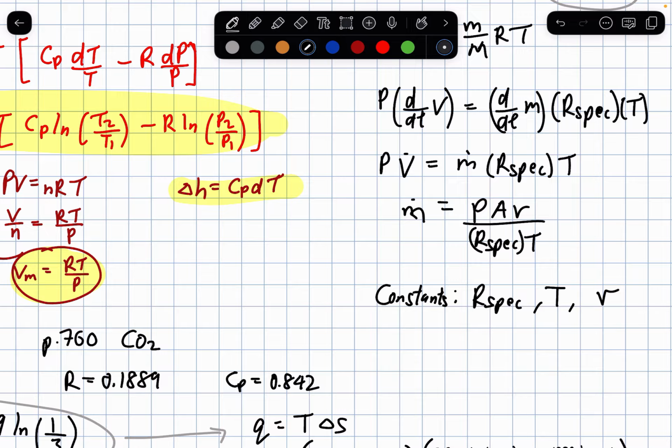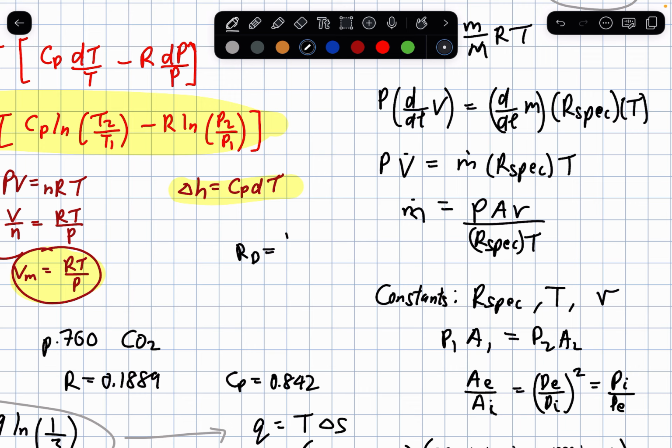Also mentioned that the velocities are constant. So P1 A1 equal to P2 A2, such that A2 over A1, with 2 being the exit and 1 being the inlet, equals dE over dI raised to 2 equals Pi over Pe, such that the ratio of the pipe diameters is just simply dE over dI.